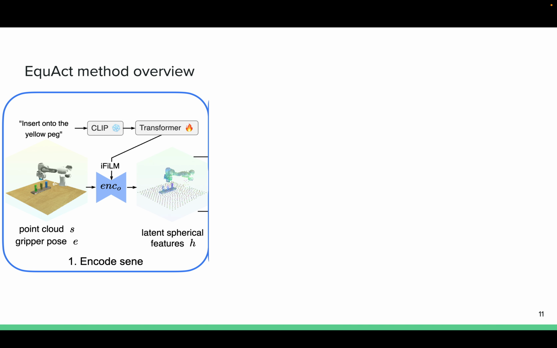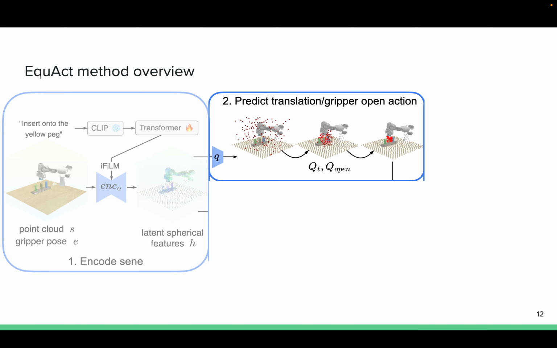For an overview, EquAct first takes as input the language instruction and the point cloud observation, and then uses a point cloud transformer to encode it into a latent spherical feature. Then we predict the translation and gripper open action through a coarse-to-fine scheme.